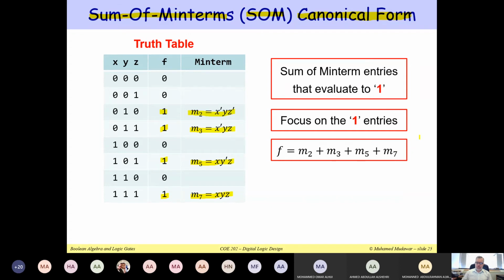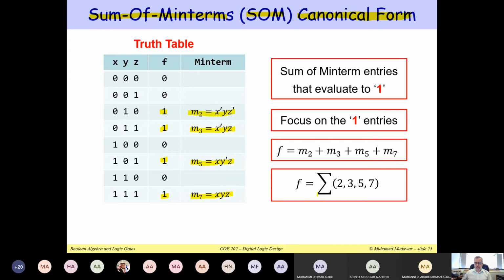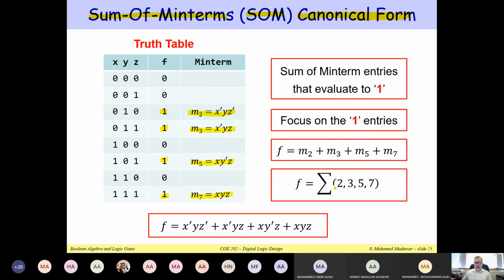I can write it in sigma notation because it is a sum, and I can list the indices: index 2, index 3, index 5, and index 7. So we can write it like this mathematically, to describe it as a sum of these minterms. These are the ones of the function. And algebraically, I can write it like this.